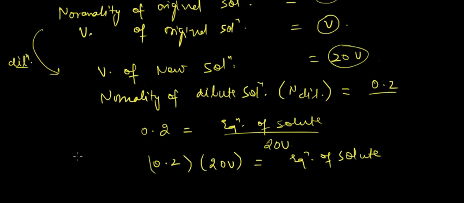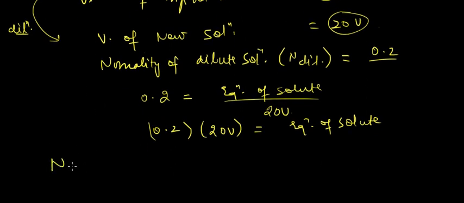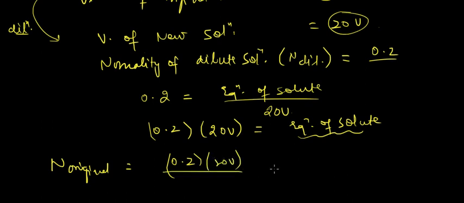Now going back to the original equation, wherein we need to find the normality of the original solution, which can be written as equivalence of solute, which will remain the same whether we dilute the solution or keep it in the original form, divided by V. Okay, so the normality of the original solution would be 4.